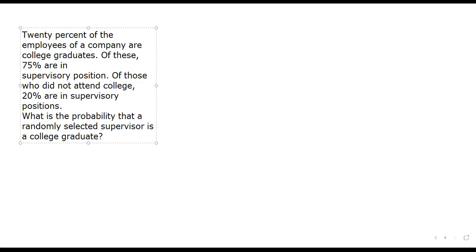Okay, so the question is, what is the probability that a randomly selected supervisor is a college graduate? So let's digest this in the simplest manner possible.